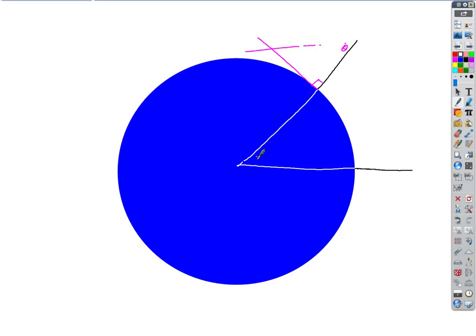Of course, that's theta, because that's parallel. So if you know that's theta, and you know about how far away these two places are, then you know the radius of the Earth, right?